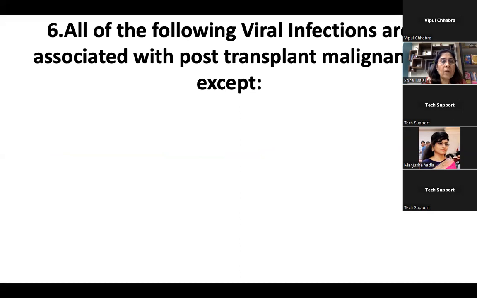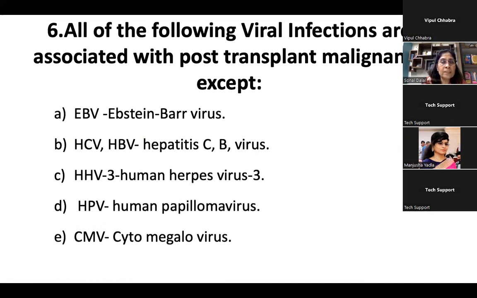Question number 6. All of the following viral infections are associated with post-transplant malignancies except option A, EBV, option B, HCV, option C, HHV, that is human herpes virus, option D, human papilloma virus, and option E, cytomegalovirus. Association with malignancy.